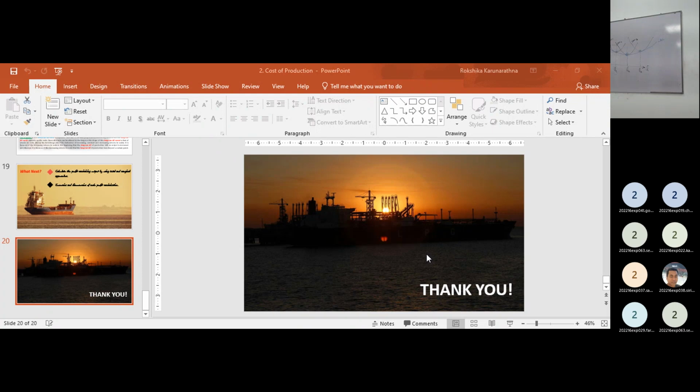Yes, it's representing different scales or different plant sizes. That means compared to Q1, the Q2 output scale is higher, right, sir? Yes. Little by little, you are moving to the long run based on the given level of plant size. Okay, sir. Thank you.